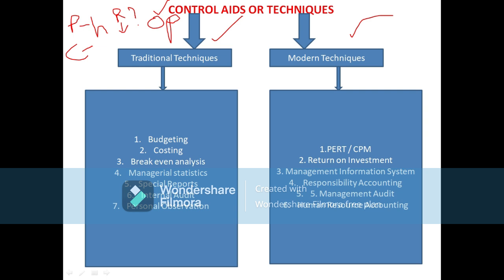Budgetary control is a system which uses budgets for the purpose of planning and controlling. It is used to control all aspects of organizational activities. So what are organizational activities? They may be financial activities, operational activities and other activities.